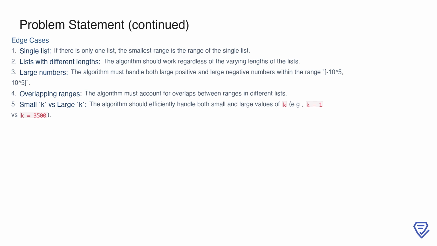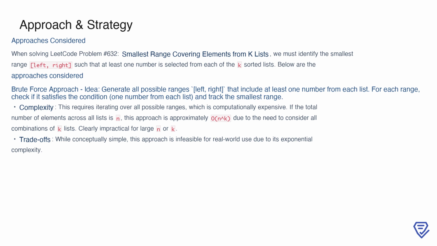When solving this problem, our goal is to find the smallest range, [left, right], such that at least one number is included from each of the k sorted lists. Initially, we might consider a brute force approach. This involves generating all possible ranges, [left, right], that include at least one number from each list, and then checking if the range satisfies the condition. The smallest valid range would then be tracked as the result.